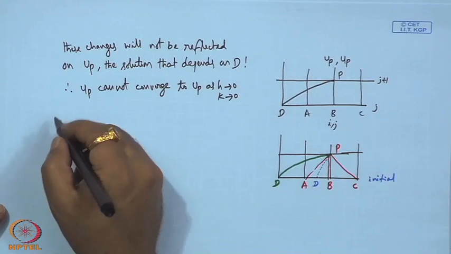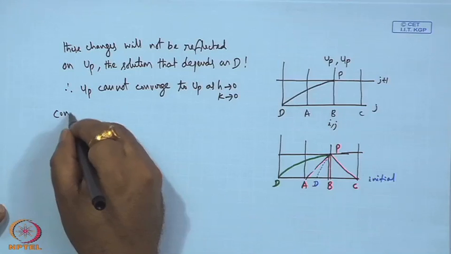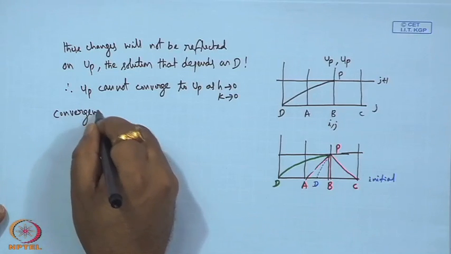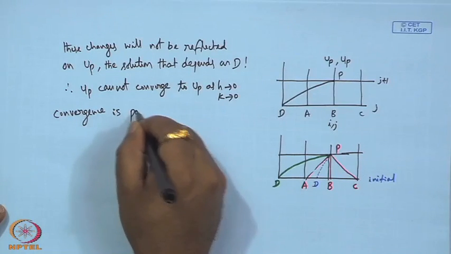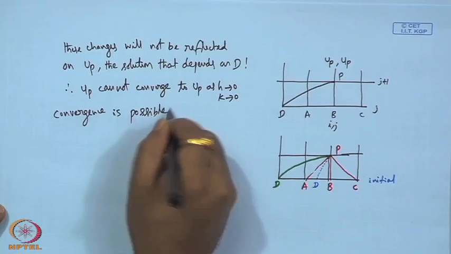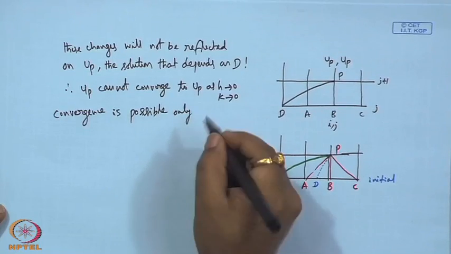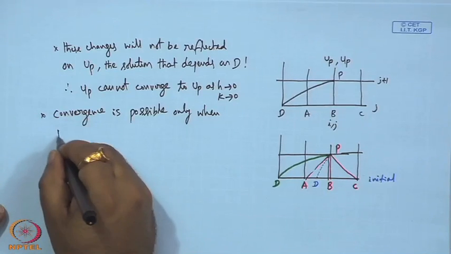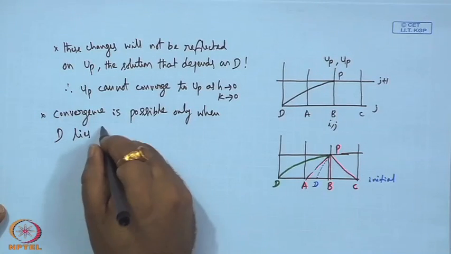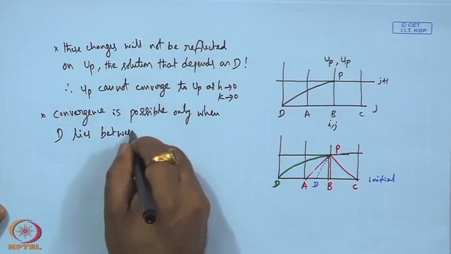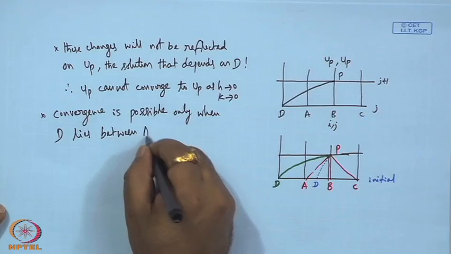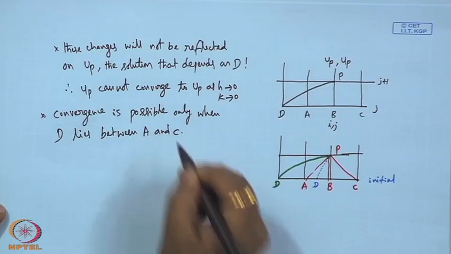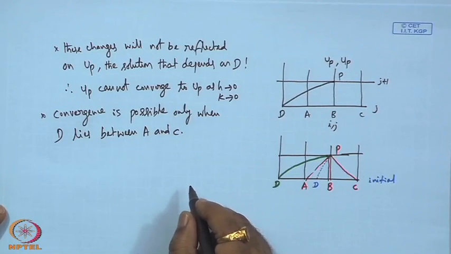Therefore, convergence is possible only when D lies between A and C.